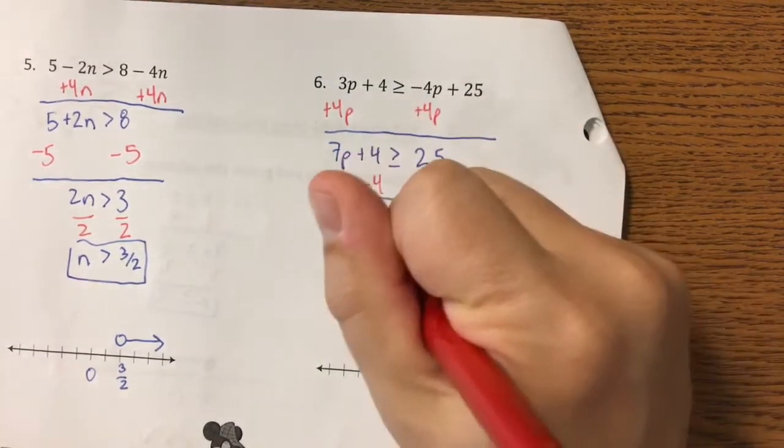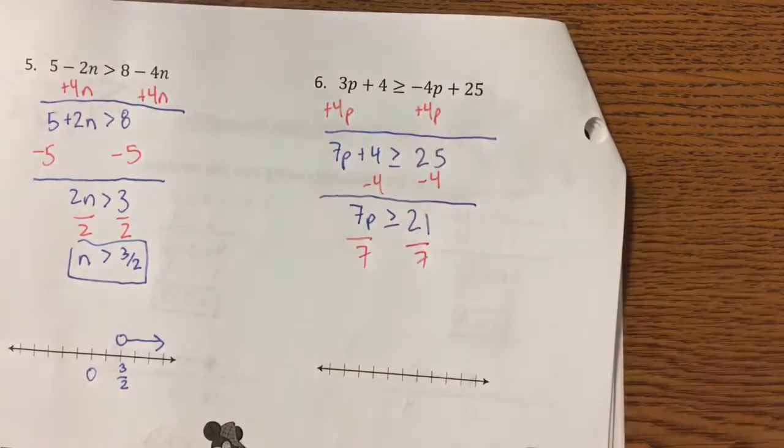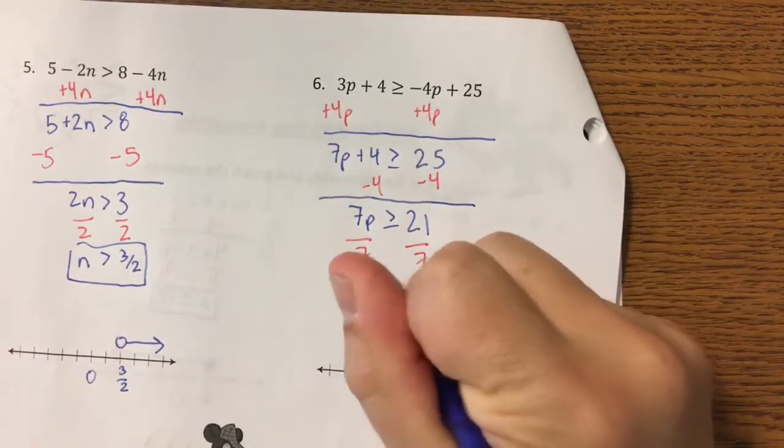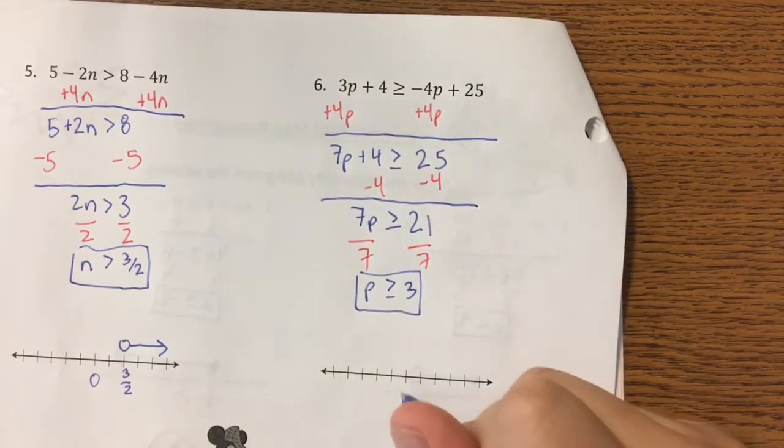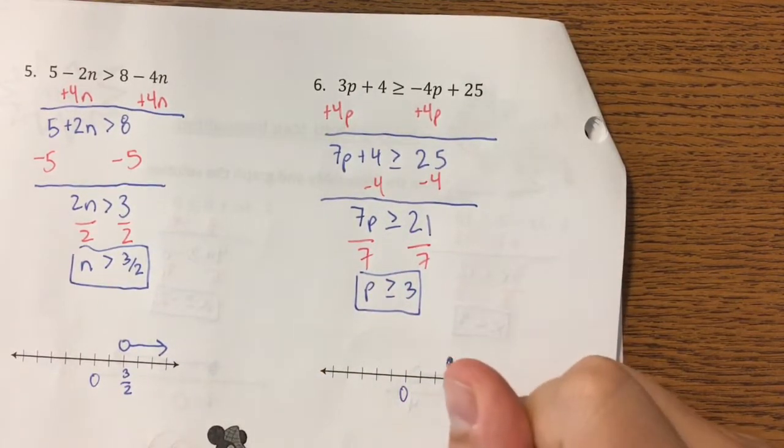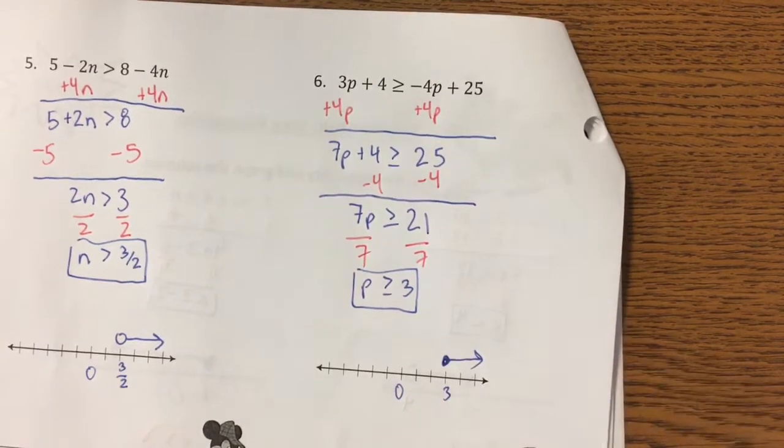Divide both sides by 7. So p is greater than or equal to 3. Got a 0, 1, 2, 3, closed circle going to the right. So there's nothing really that much different than what we've been doing here.